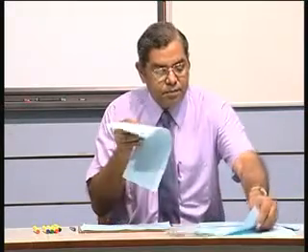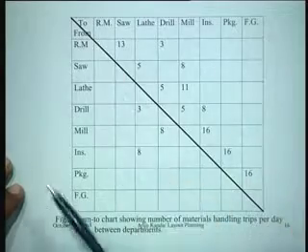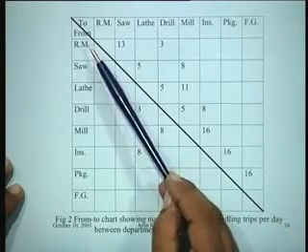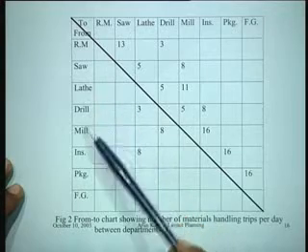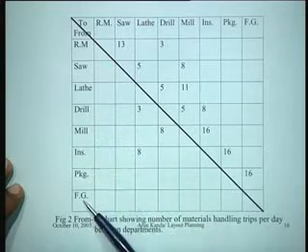What we find here is, let's say how you construct this information. A from to chart is actually a square matrix. And in the matrix we have listed all the departments: raw materials, saw, lathe, drill, mill, inspection, packaging and finished goods.